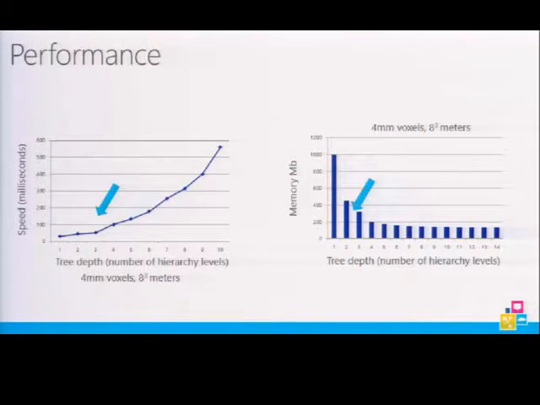Now, here's an interesting thing that they found, which is a little bit of a new idea: you might have thought that the octree was the obvious thing to do. What you see here is a couple of graphs, on the left showing how fast the system works as a function of the branching factor of this volumetric tree, and on the right, how much memory is used as a function of tree depth.